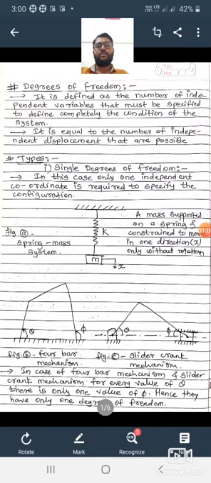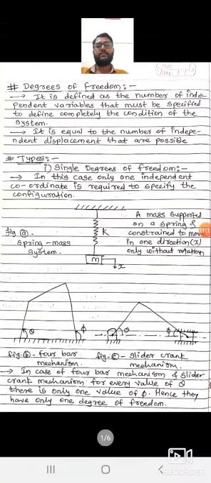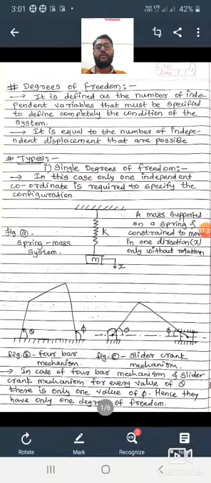Here we show one spring mass and displacement x. The diagram shows the mass supported on a spring and constrained to move in one direction x only without rotation. So in a single degree of freedom system, only one independent coordinate, that is x, is required to specify the configuration.